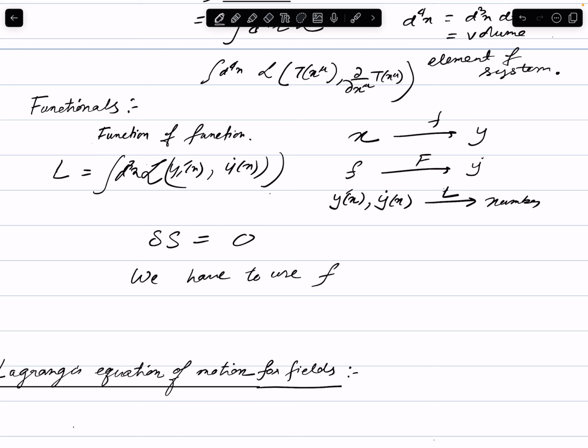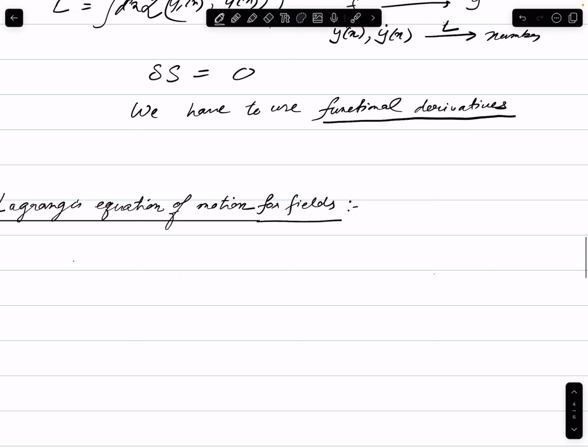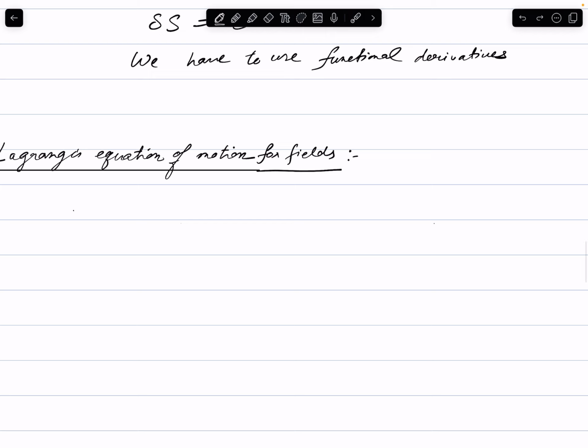So these are called functional derivatives, which we will skip. The topic we will skip unless one of you wants to learn it, then we can discuss. And so then we get some other result. Then we get the result, which I will just write down, the Lagrange's equation of motion for fields.